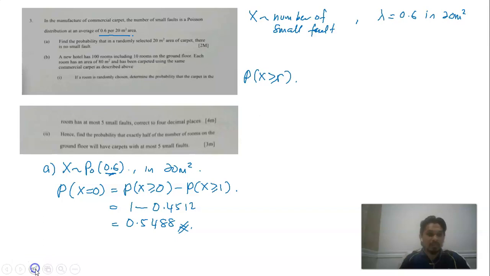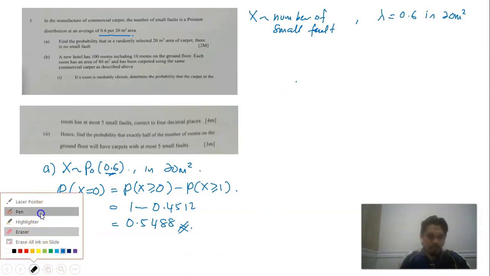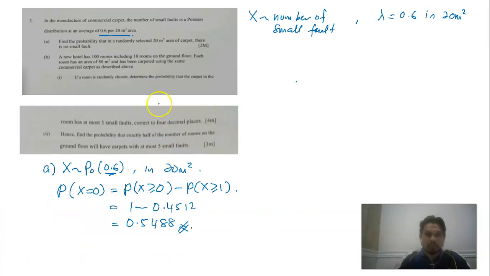Okay, class, for this question there will be some changes, or we need to consider one thing. Lambda is 0.6 in 20 square meters.